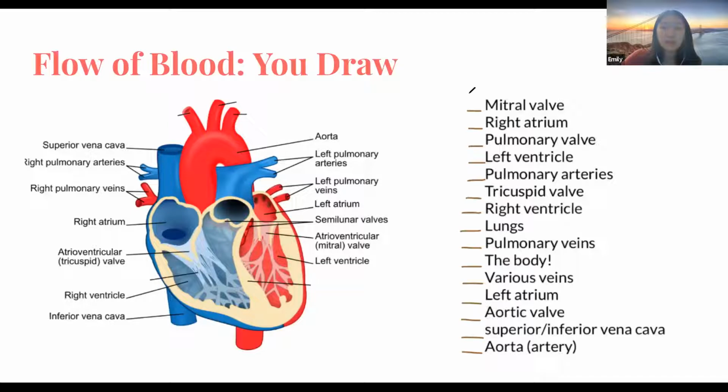Each of these components is labeled on this diagram. The mitral valve is here, the right atrium here. For the sake of simplicity, let's start right here. The superior and inferior vena cava is going to be number 1. Where do we think we go after that?